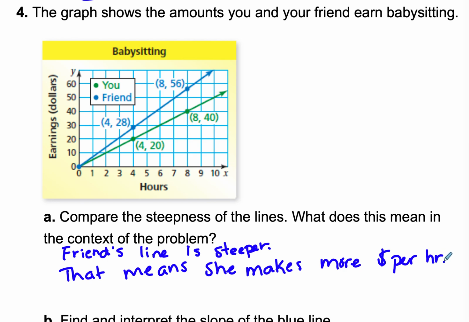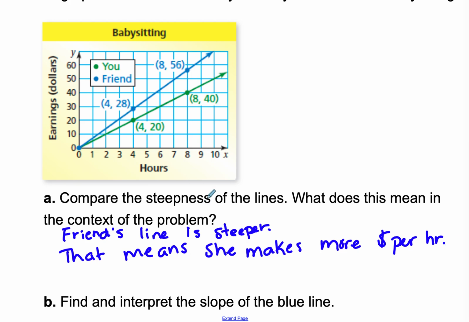I'm just going to abbreviate a little bit there. Okay. Part B says, find and interpret the slope of the blue line. So the blue line is this one right here. I like to use 0, 0 as one of my points. Makes it a little bit easier.